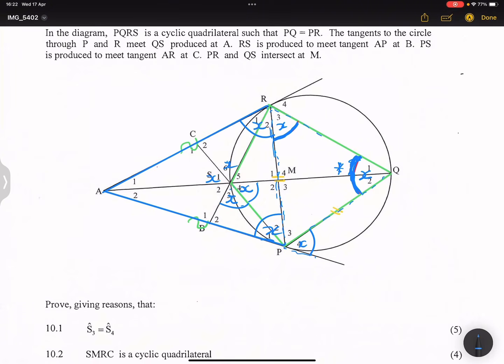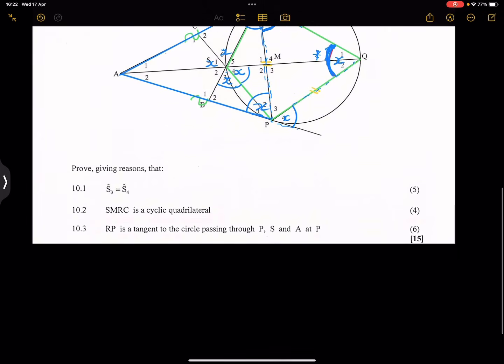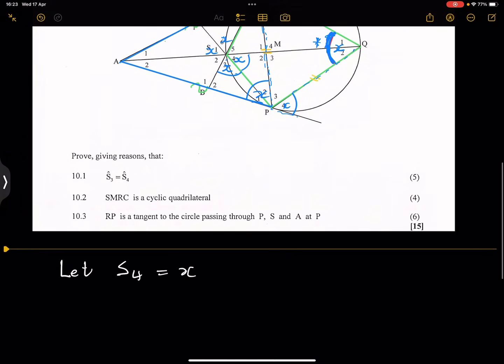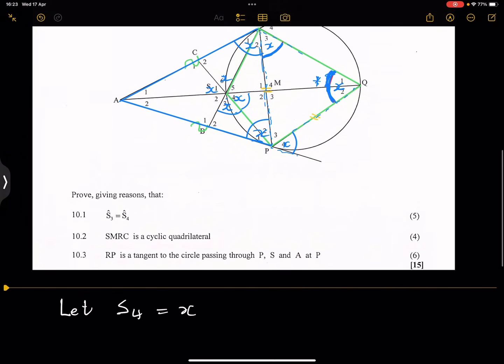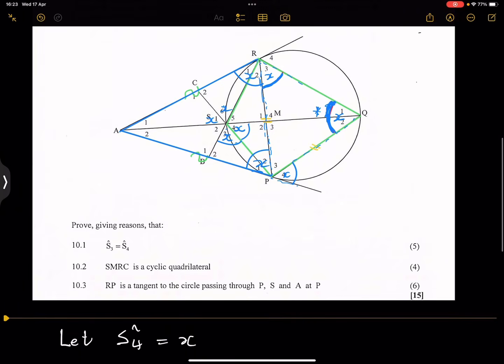So here's what I want us to do, ladies and gents. Let's write it down. Okay? So where did we start? We said let angle S4 equal x, right? So then what we did was to find another angle that was equal to x. So we said angle S4 is equal to angle R3.